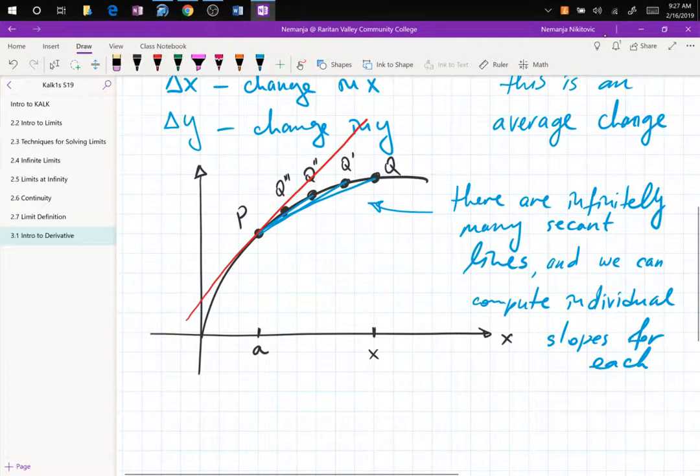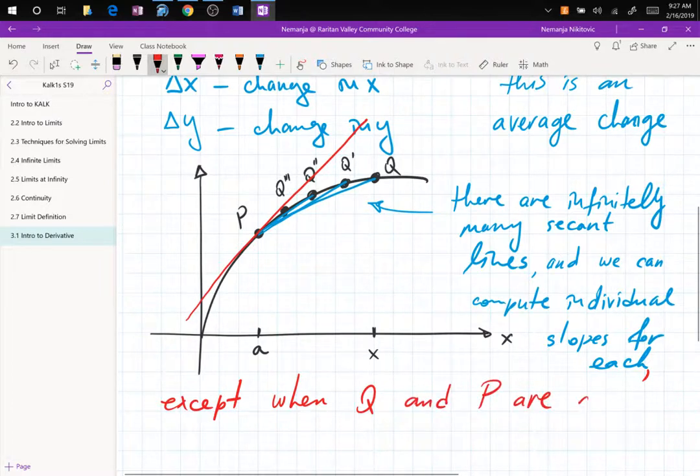So for each, and now here's the red comma, except when Q and P are at the same location in space.